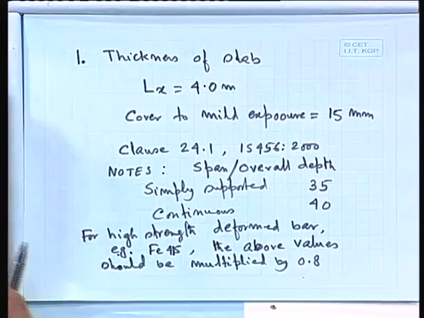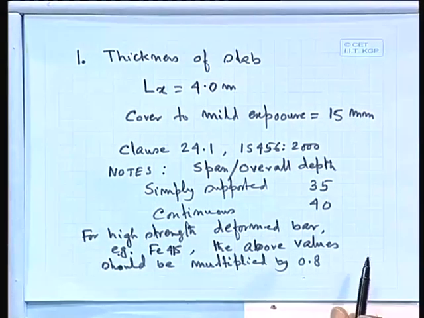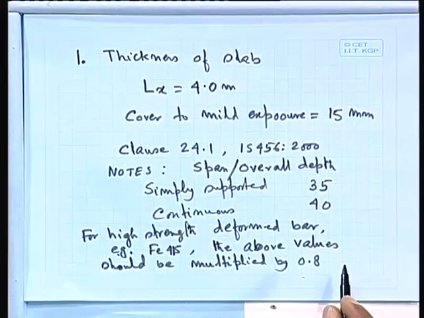So, page number 39, yes, and it further states, for two-way slabs of shorter spans up to 3.5 meter with mild steel reinforcement, the span to overall depth ratios given below may generally be assumed to satisfy vertical deflection limits for loading class up to 3 kilonewton per square meter.